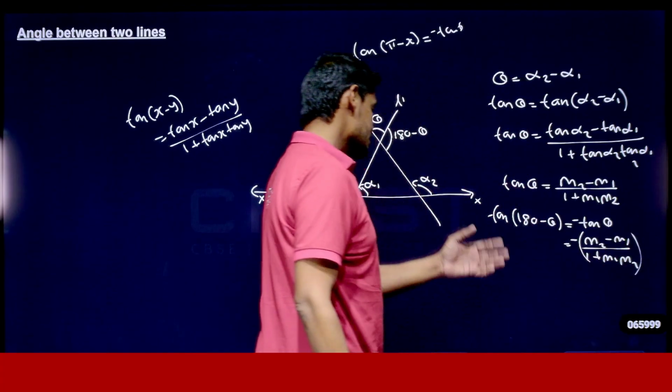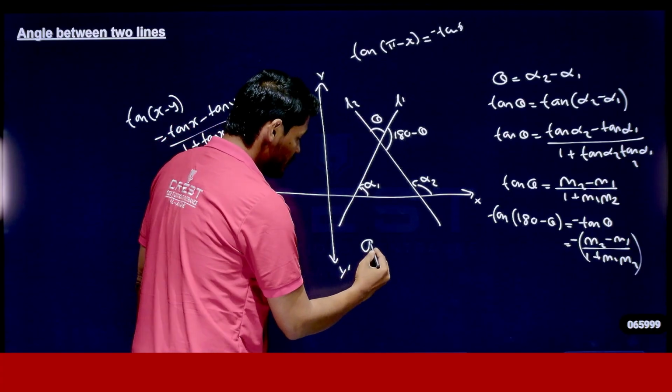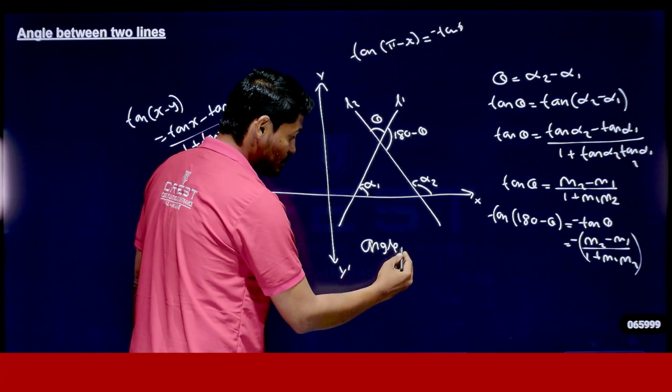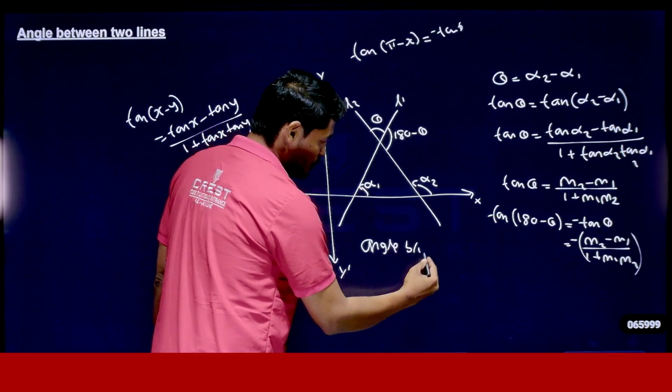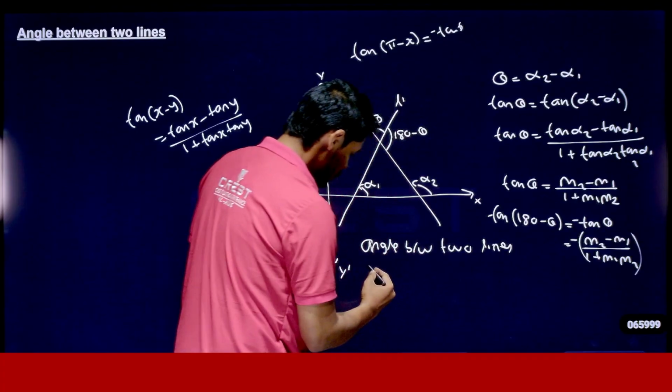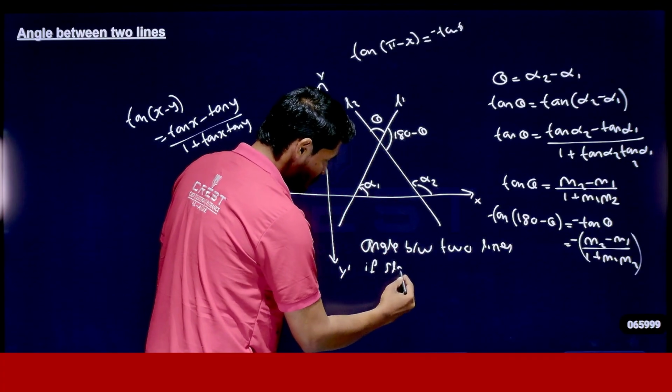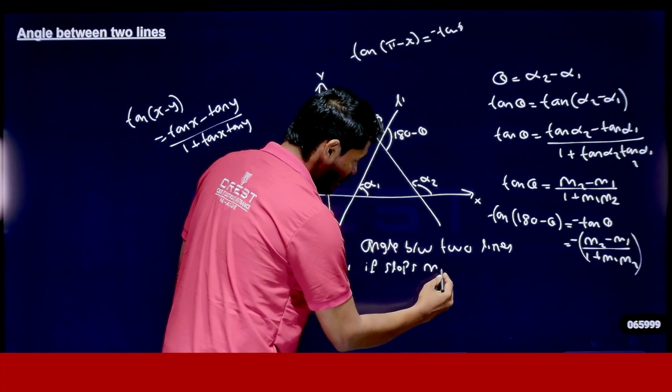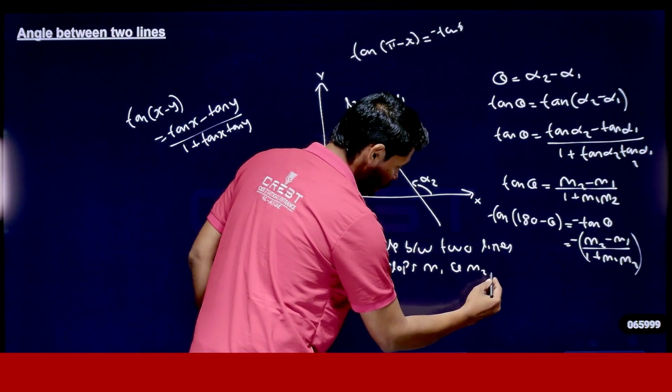So generally, what is the angle between two lines if their slopes M1 and M2 are known?